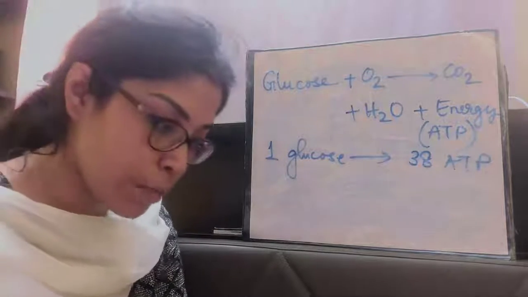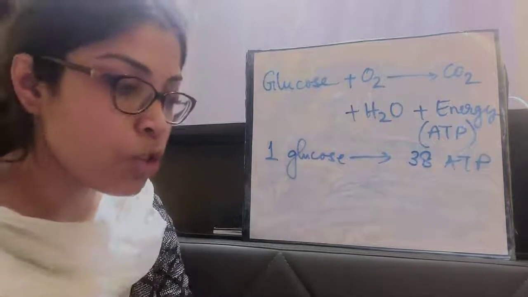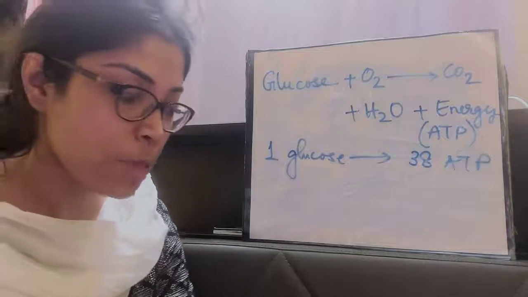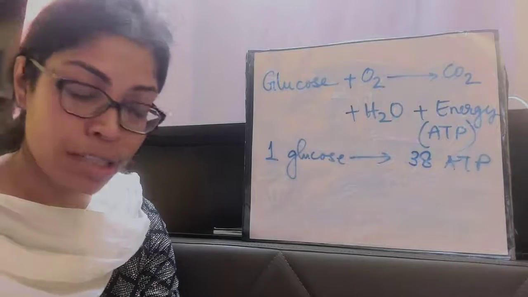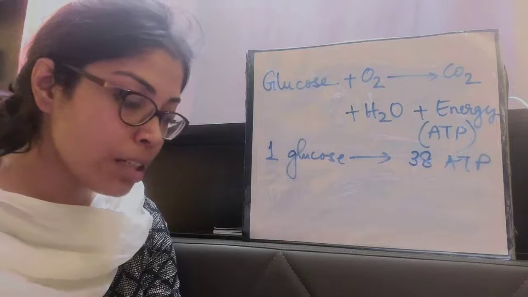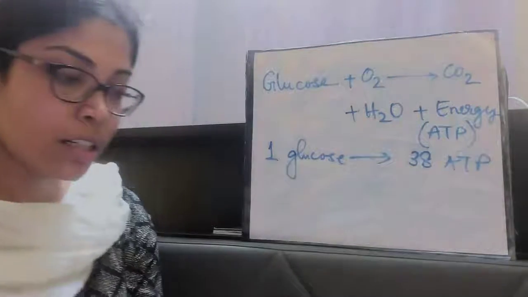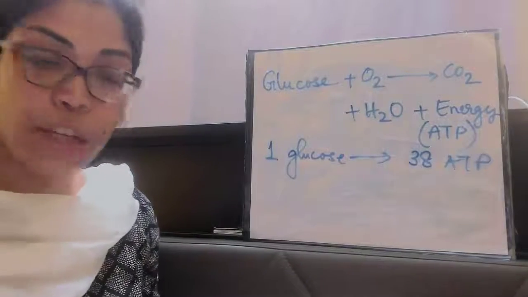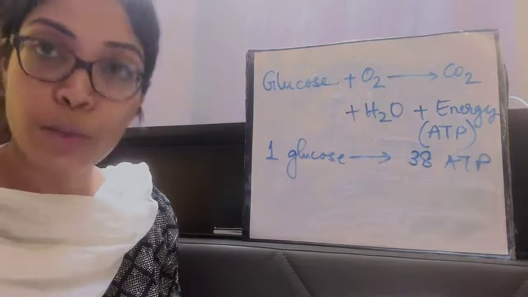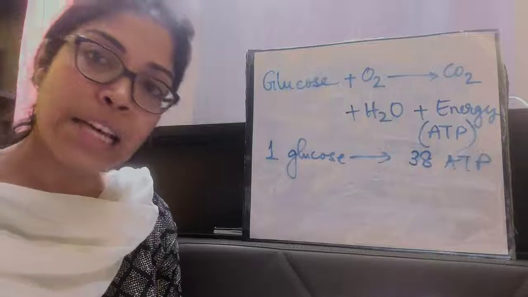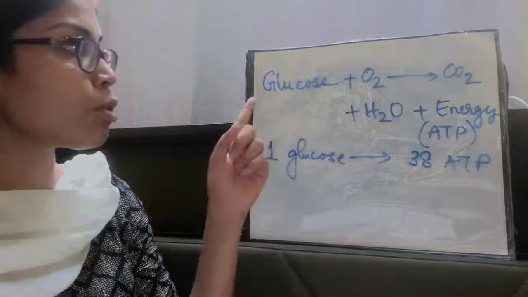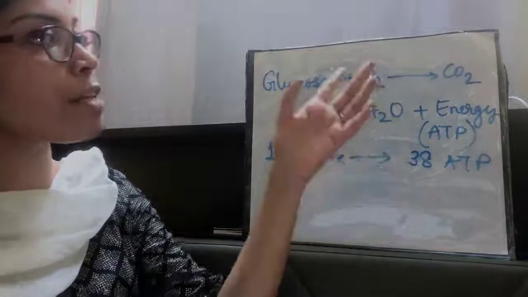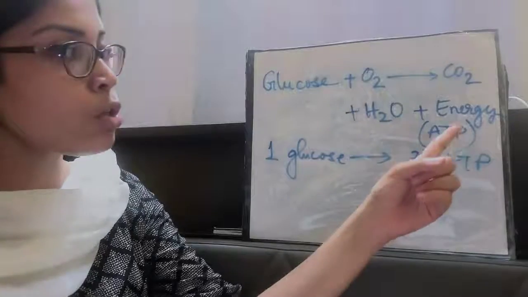Before moving on to the next topic, which is types of respiration, there are two key points on the first page, page number 69. The first key point you will find in the middle. It says that during respiration, the food, which is glucose, is oxidized to release energy. We already know that glucose oxidizes means in presence of oxygen it breaks down to form energy.